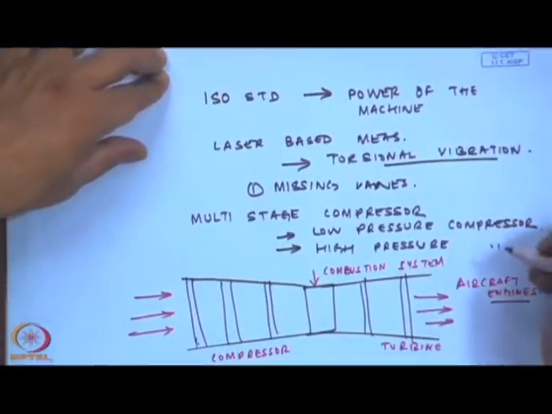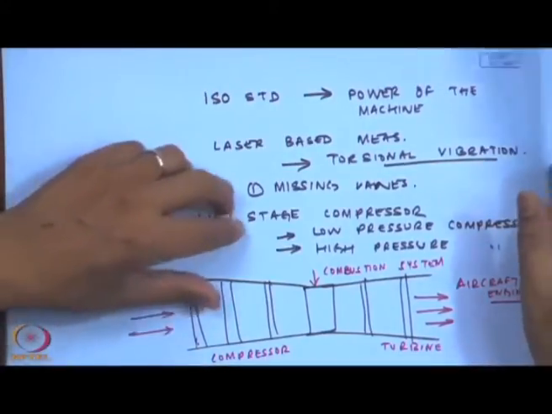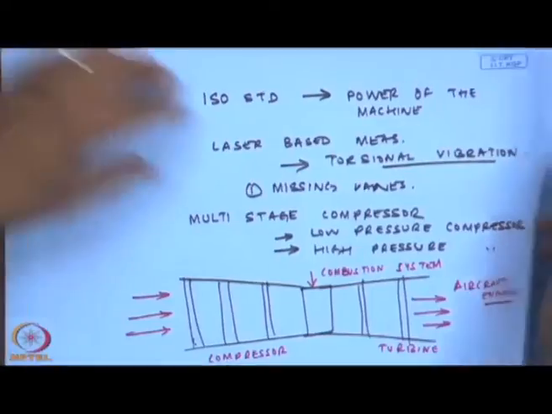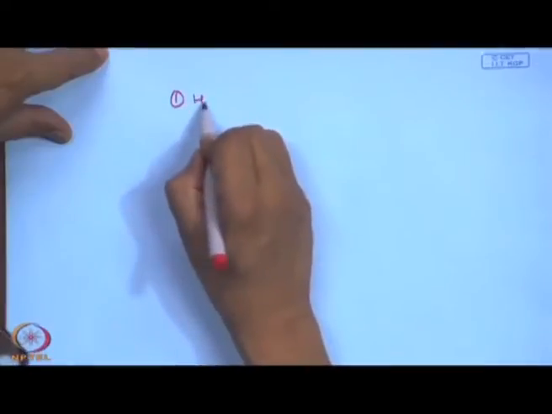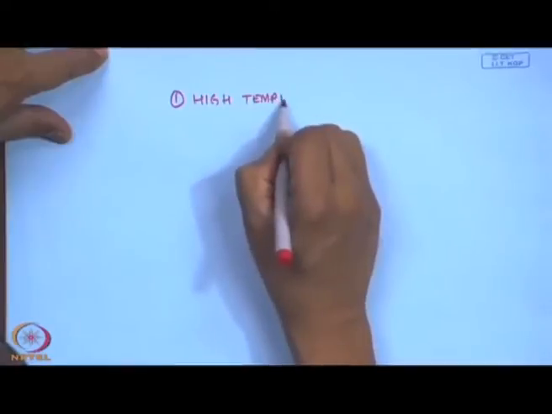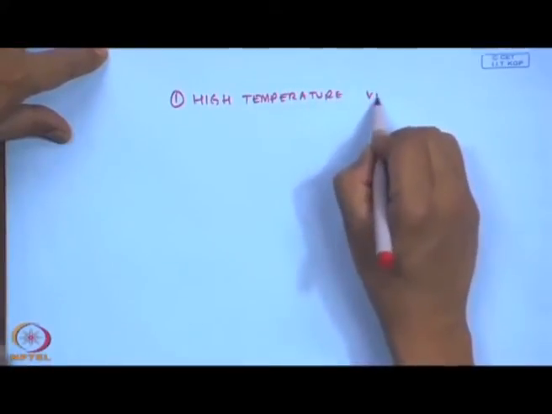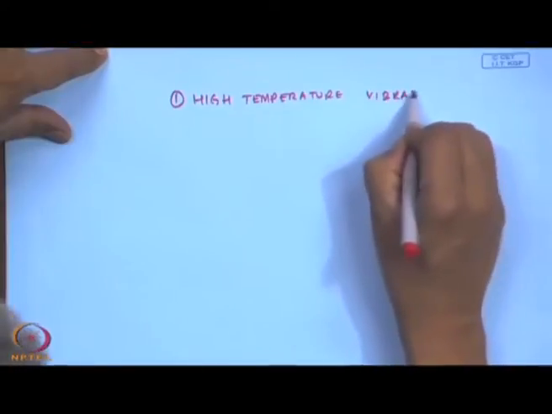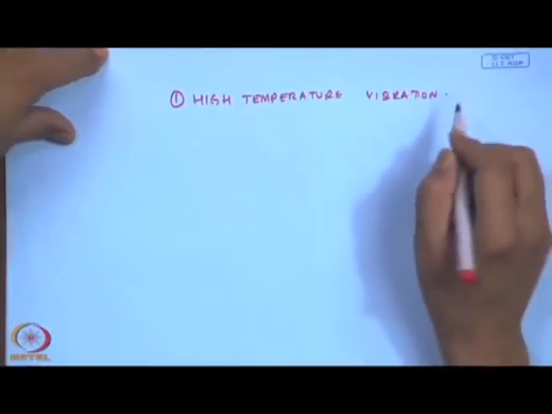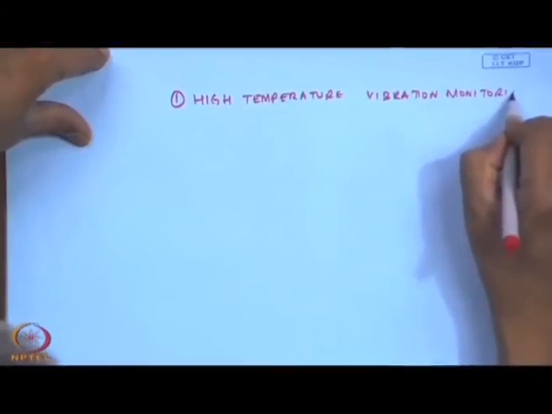Now, in such a case, because the temperatures are very high, one has to be careful as to how to monitor the vibrations. High temperature vibration monitoring is a special application, particularly for gas turbines.